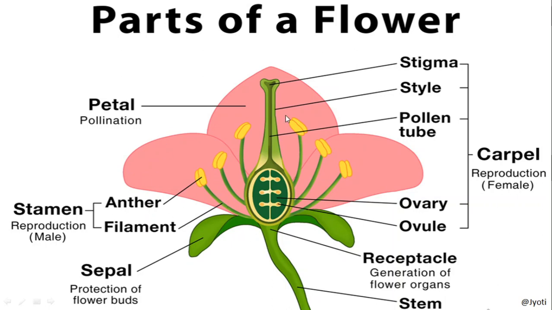Then the reproductive parts of the flower are the stamens and the carpels, which constitute the androecium and gynoecium respectively, which are the main reproductive parts of the flower, which produce the male and female gamete respectively.